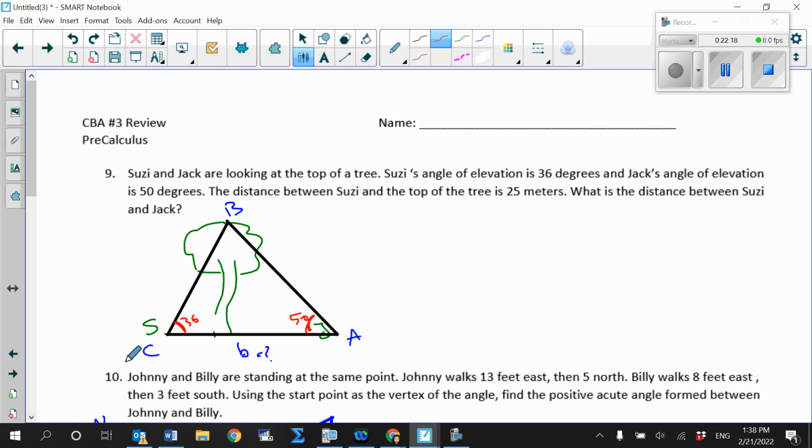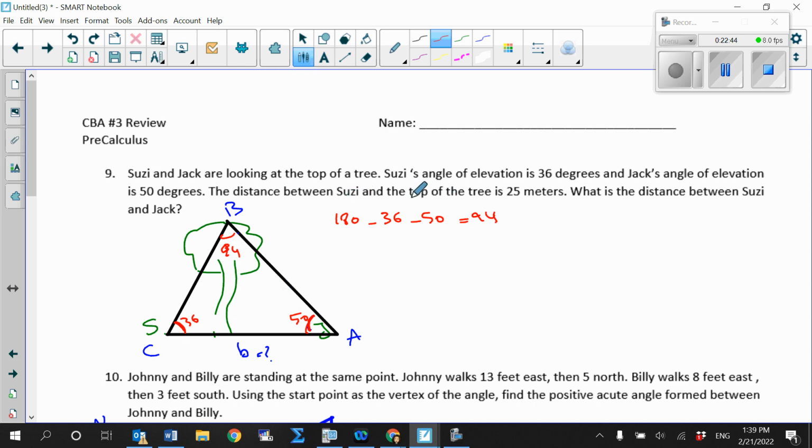Okay, this is 50. As you see, we have an oblique triangle here. Why? Because these two angles are 50 and 36, and if I subtract them from 180, it's going to be 94. That's this third angle, 94. So we don't have a right triangle, we have an oblique triangle.